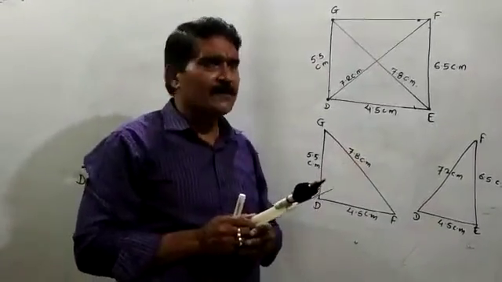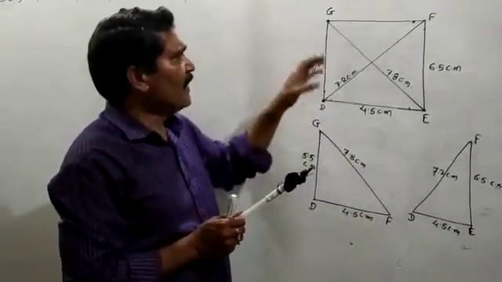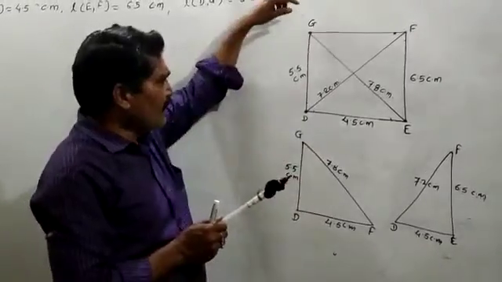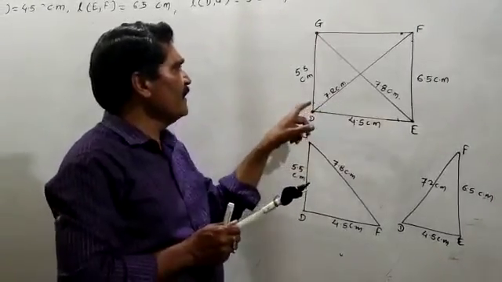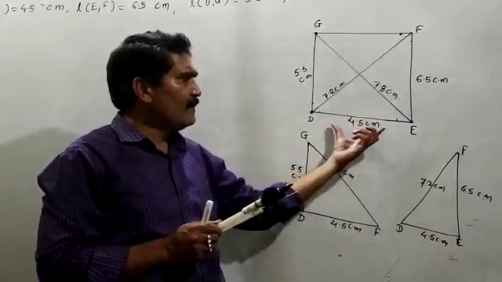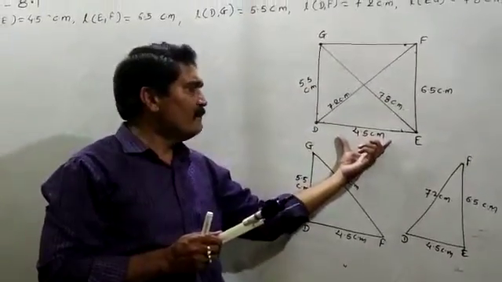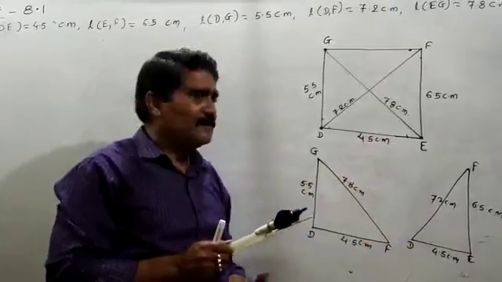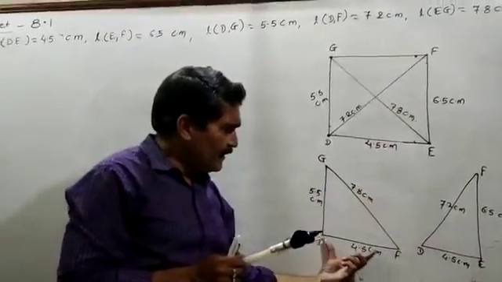If you observe, here are two triangles: triangle GDE and triangle FED. These two triangles are on the same base, the DE base.